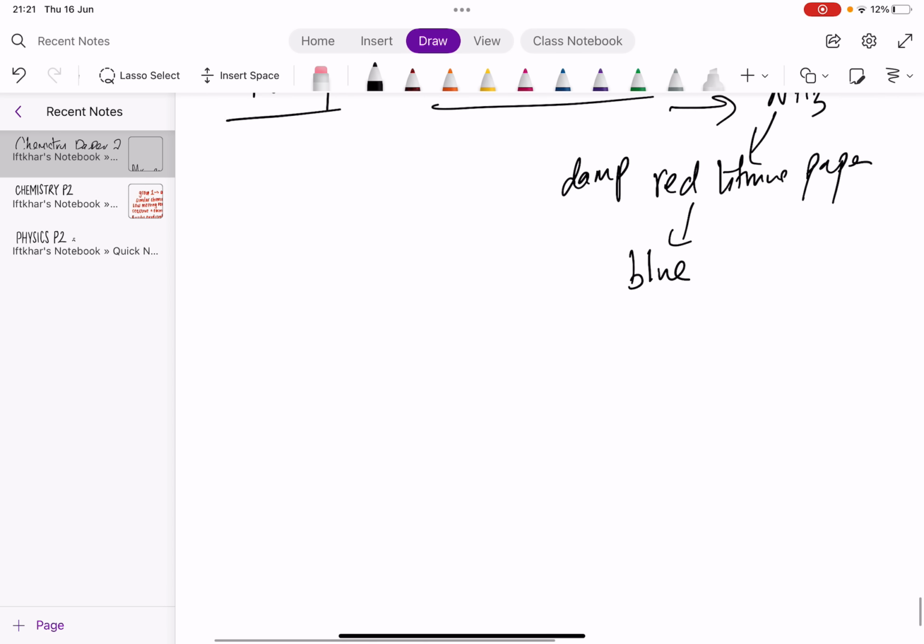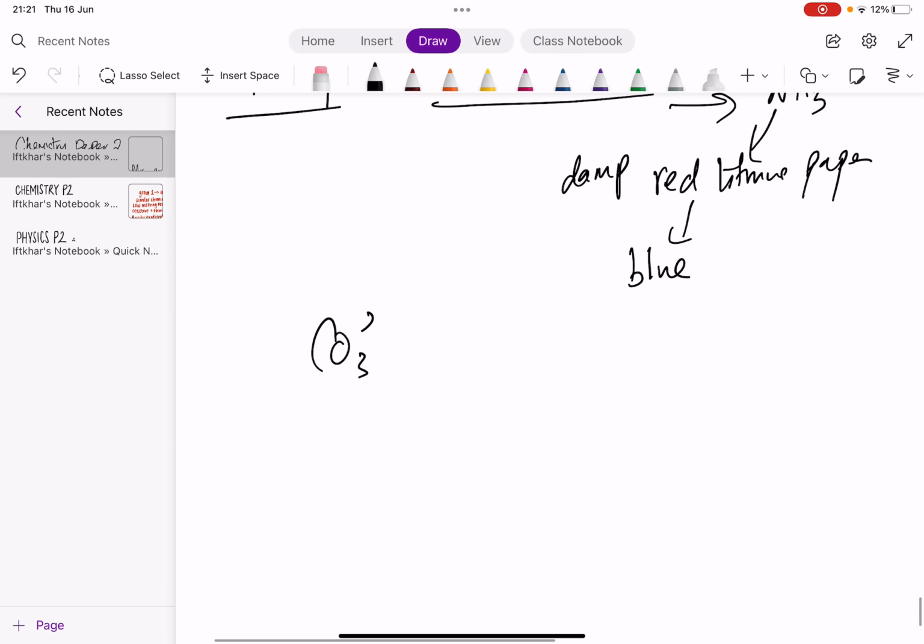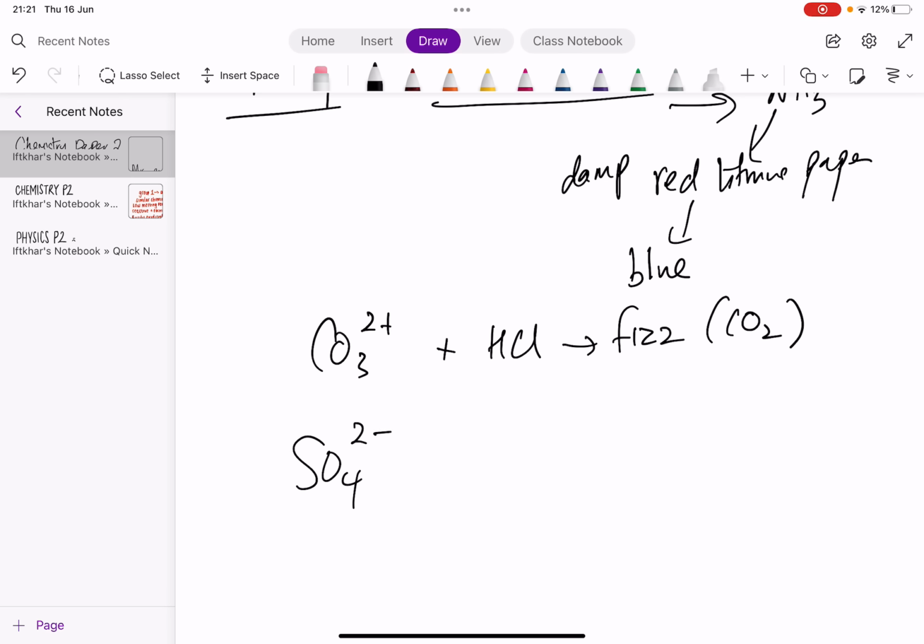How do you test for carbonate ions? You add dilute hydrochloric acid. It will fizz because it produces carbon dioxide. You can pass carbon dioxide through lime water, which will turn cloudy. How do we test for sulfate ions? You add a solution of barium ions, barium chloride. You get a white precipitate of barium sulfate.